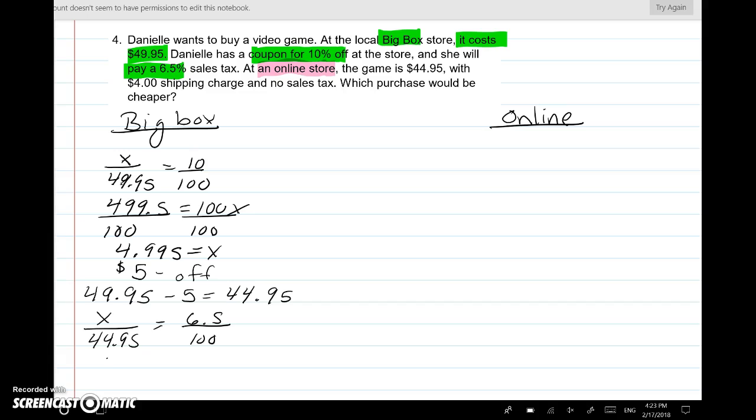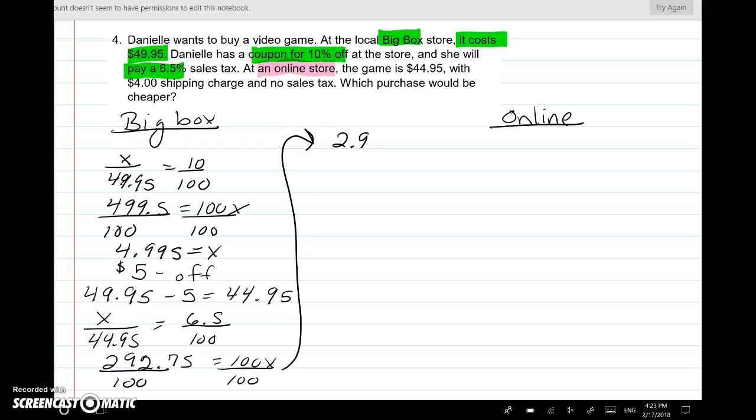I get $292.75 equals 100x. Divide both sides by 100. And I get $2.9275 equals x. Rounding to the nearest cent.